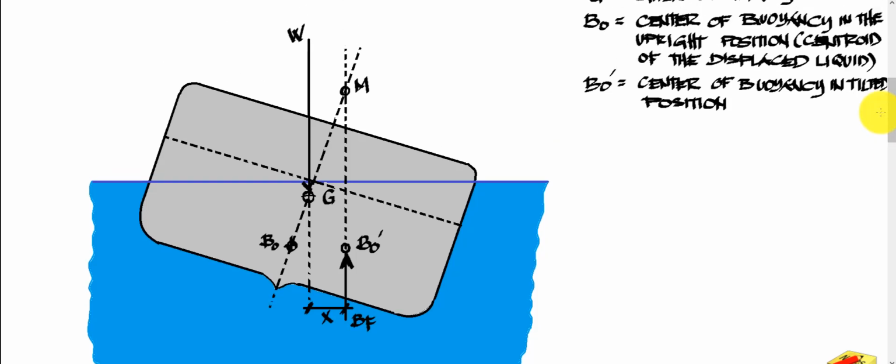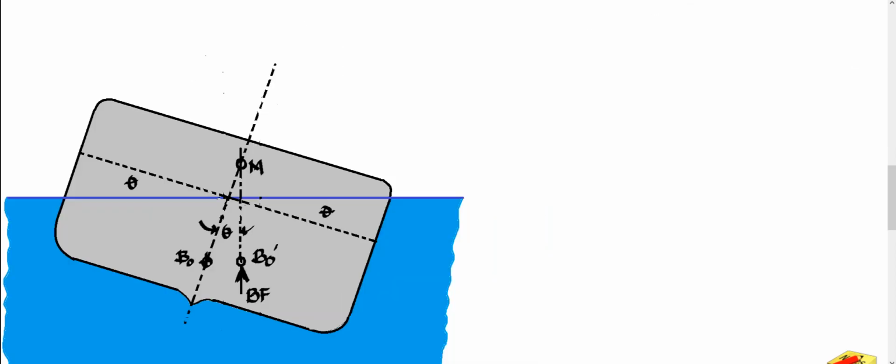If this couple tries to return the body back to its original position, the body will not sink. The body will overturn if the situation changes to this.